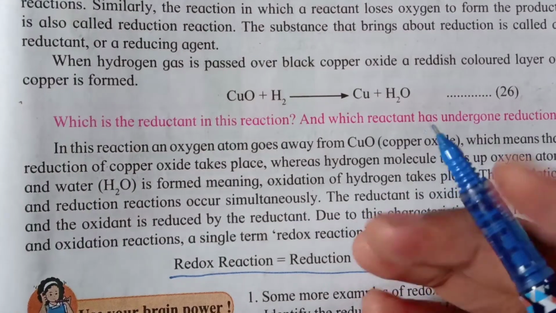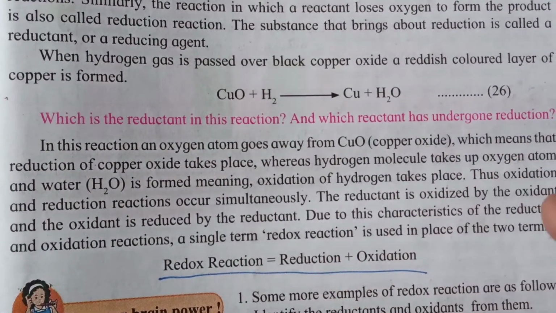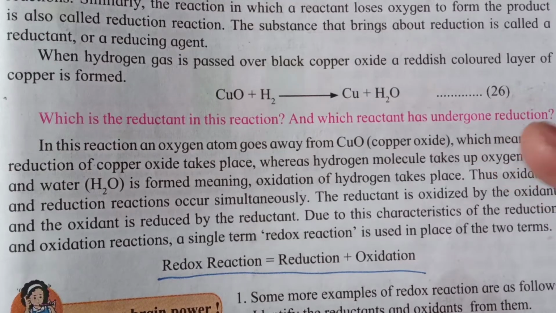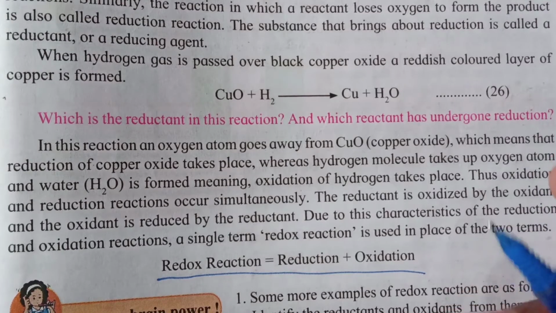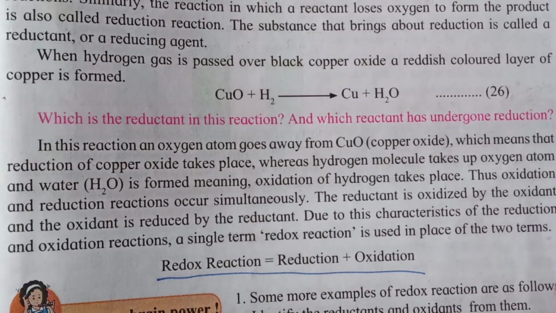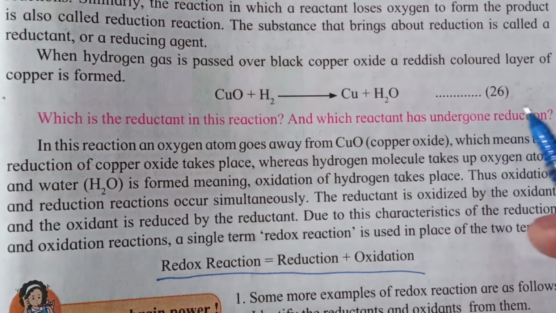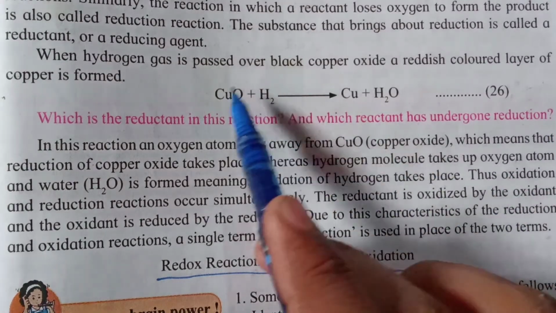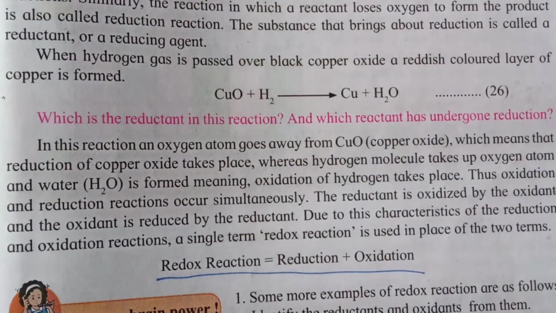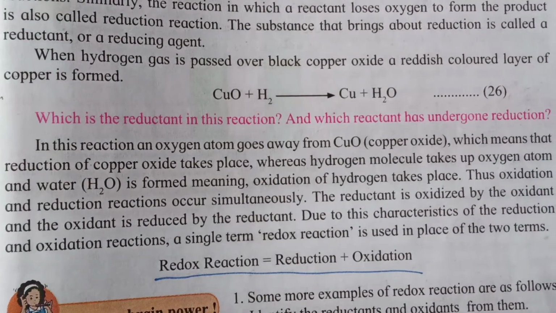On the last page, the related part was just about the chemical oxidant, so I didn't think that it is so important. Now we'll cover this part of page number 43, where a question is asked: which is the reductant in this reaction, and which reactant has undergone reduction?